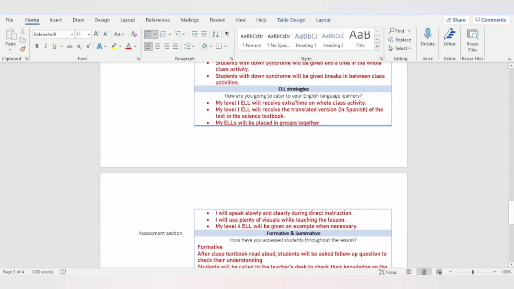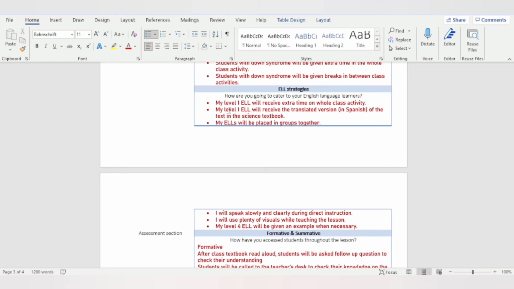Now for my Spanish speaking students, how are you going to cater to your English language learners? So remember I told you I have a level 1 and a level 4 English language learner. For my level 1 English language learner, I will give them extra time on the whole class activity so they can process in their brain.